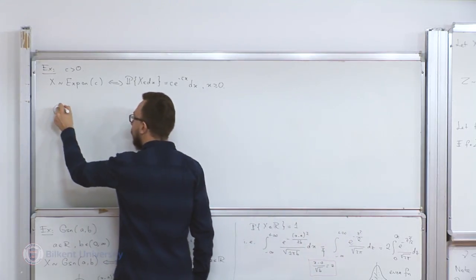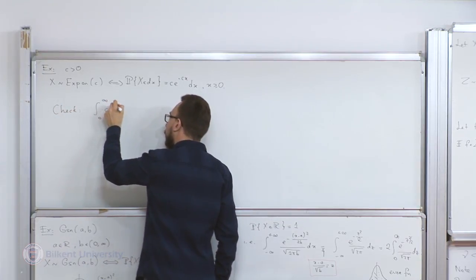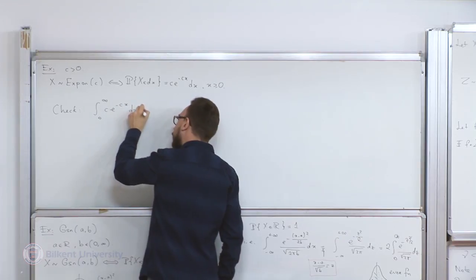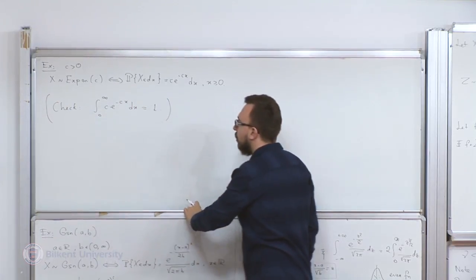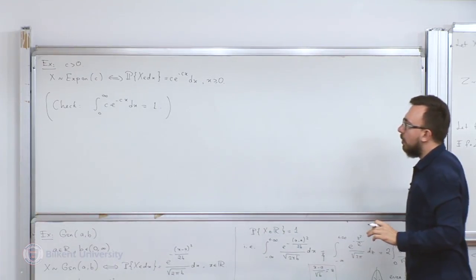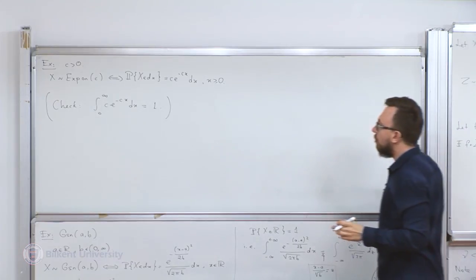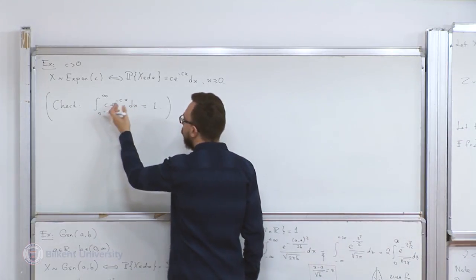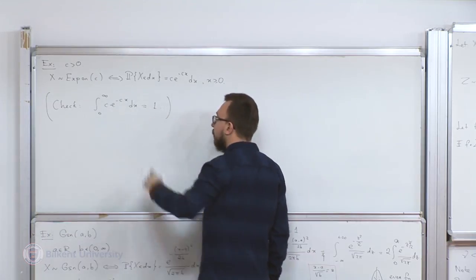In this case, it is not very difficult to check that the integral from 0 to infinity of this gives you 1. You can just make a substitution, or you can directly integrate it and then evaluate it from 0 to infinity.